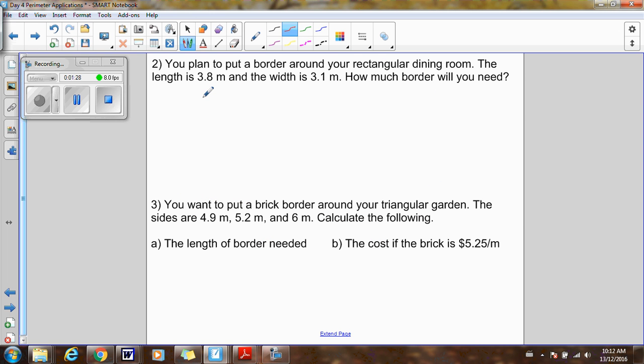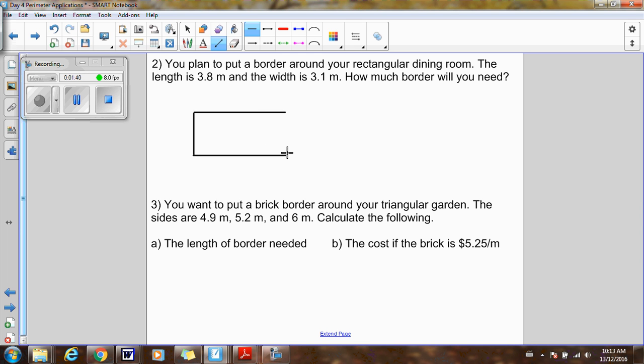For question 2, it says you plan to put a border around your rectangular dining room, and the length is 3.8 meters and the width is 3.1 meters. So let's draw a rectangle first. Okay, so we have 3.8 here, 3.1, and we're looking to find how long the border will be.